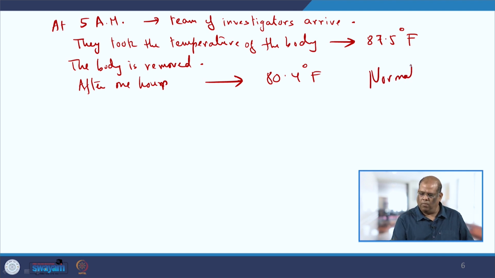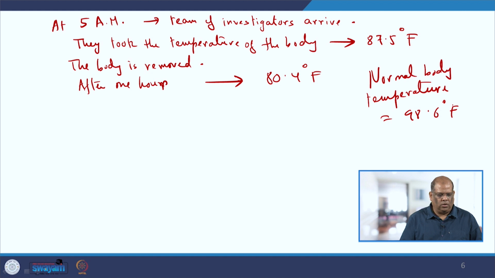The normal body temperature of a live person can be approximately taken as 98.6 degree Fahrenheit. So now the question is, find the time when the victim was murdered.